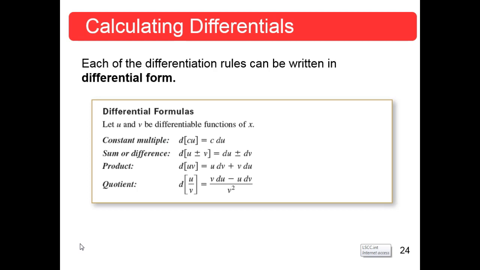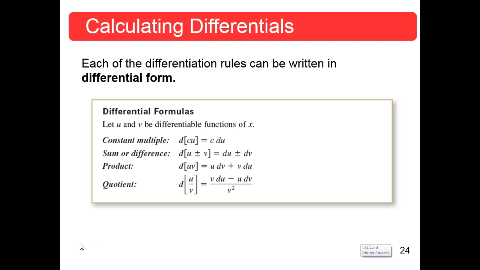The constant multiple: d of cu is equal to c times du. The sum or difference: d of u plus or minus v is equal to du plus or minus dv. The product rule: d of uv is u times dv plus v times du.